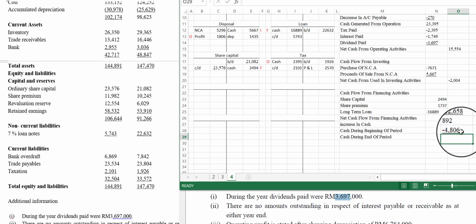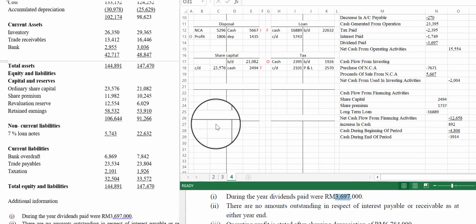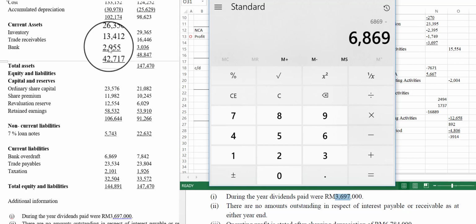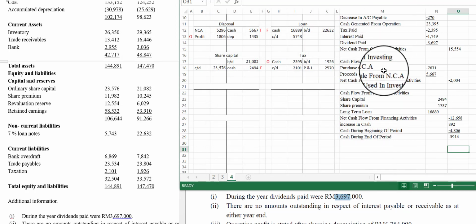Okay, so when you have minus 4806 plus 892, you should get the answer of 3914. Now you can double check this answer by referring back to here, in which you use a calculator. The figures here you have is 6869 minus the cash amount that you have, 2955. Okay, and you should get 3914, the same figure. Okay, now that's all for these questions.